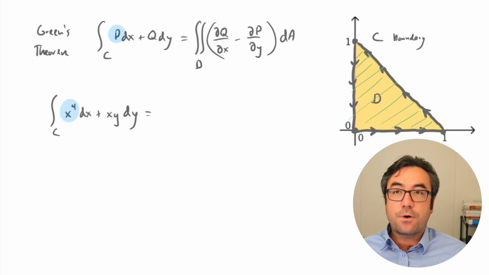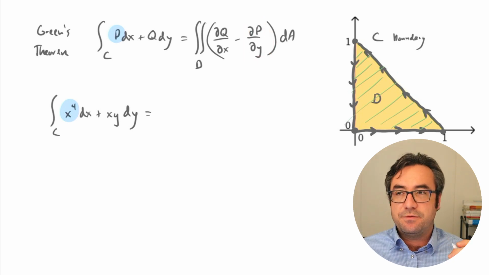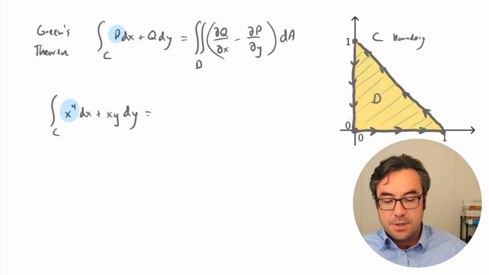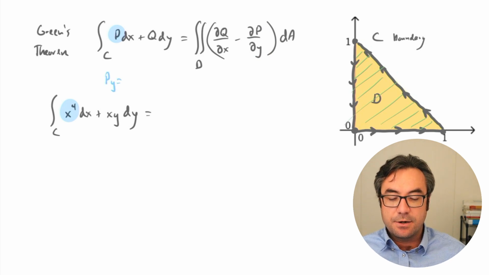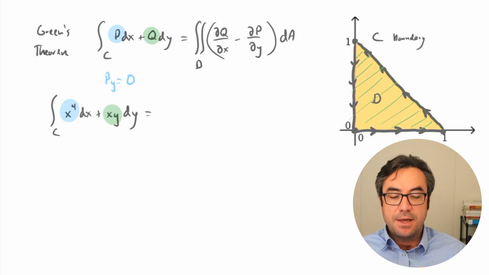And so for Green's theorem, we want to figure out the y partial derivative of that P component. So P partial y here is just going to be 0. And then our Q component is x times y.